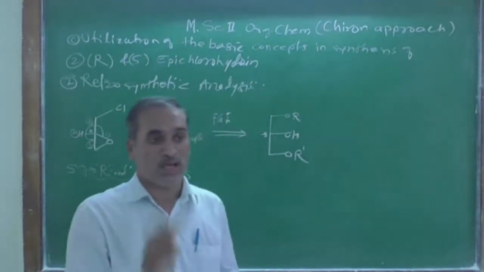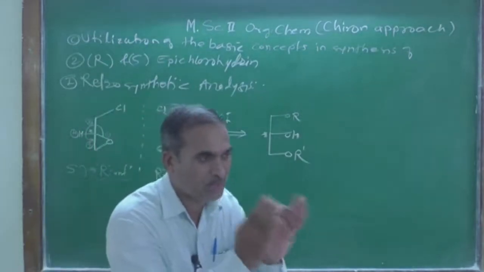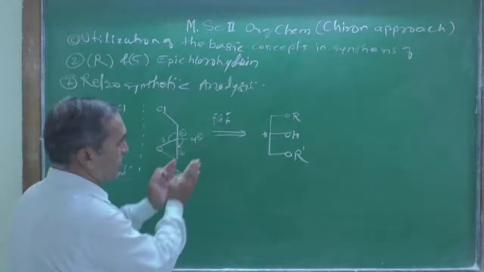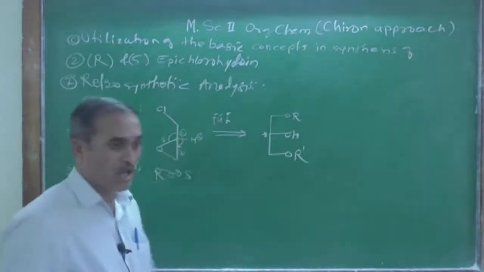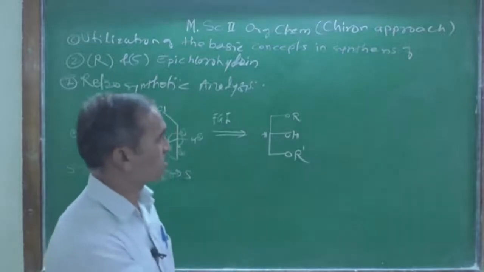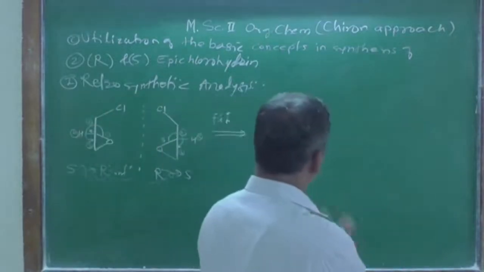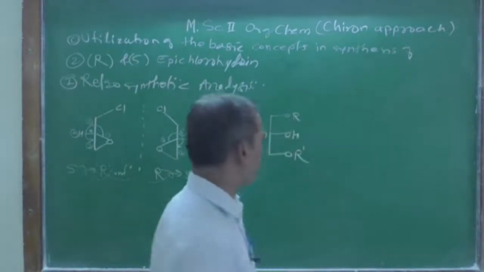And as we know, chiral template means what? Whatever the apparent carbohydrate symmetry present in the target molecule, that must be present in the chiral centers, the same as in the target molecule, and that's why we are keeping the same approach over there.